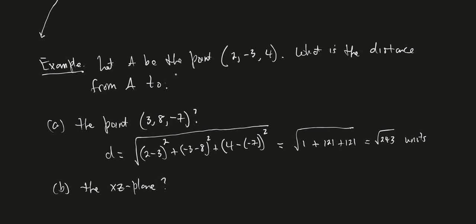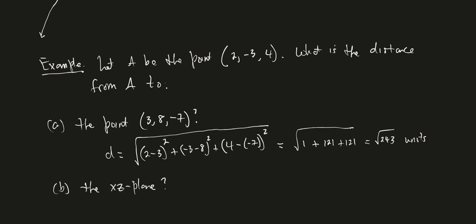Right? So we know that this point is not along any of the coordinate axes nor any of the coordinate planes, because none of the coordinates is 0. So we want to know what is the shortest distance that I would have to go starting from point A to get to the XZ plane.